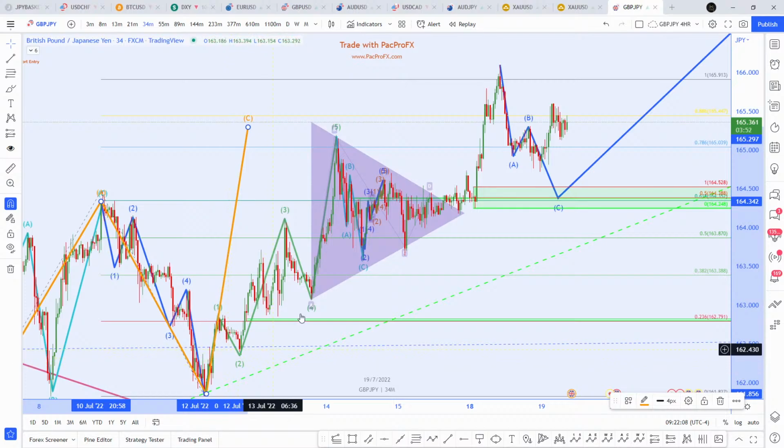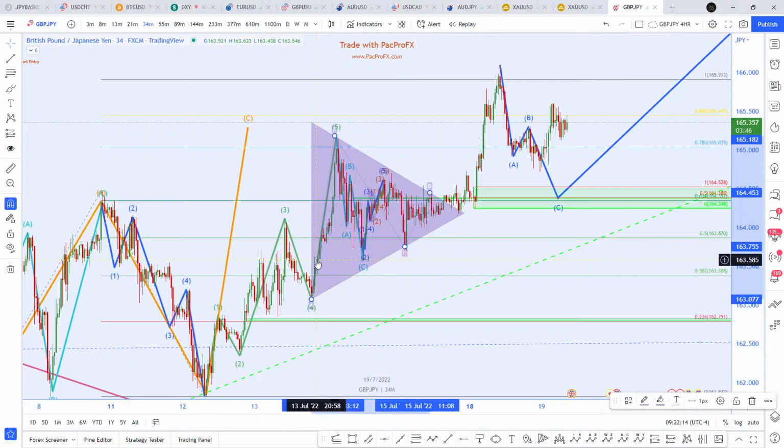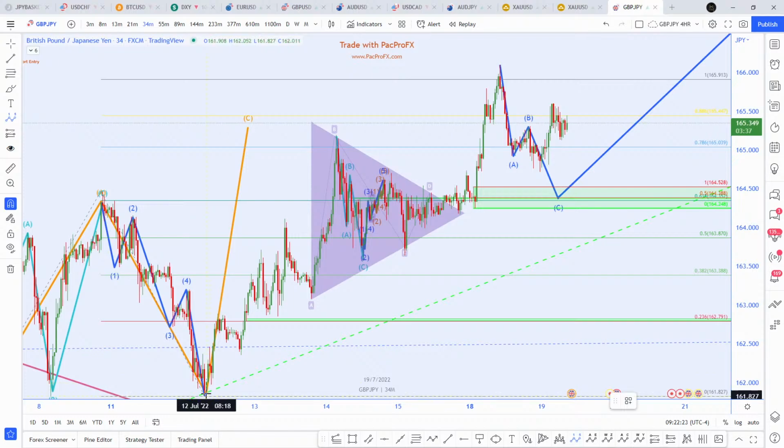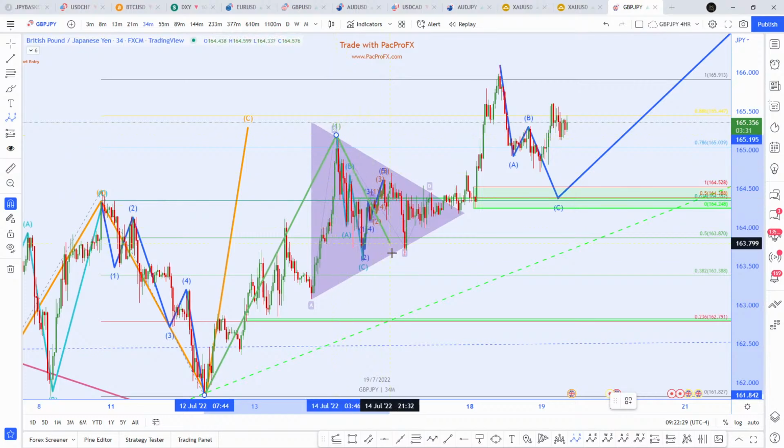So this is one. Let's clear this off. And it looks like we have our first zigzag here, and our second.